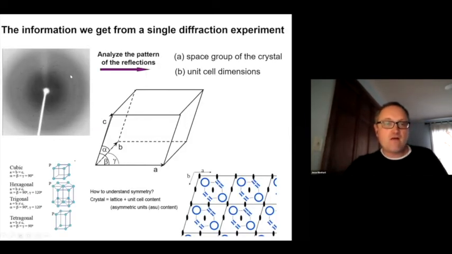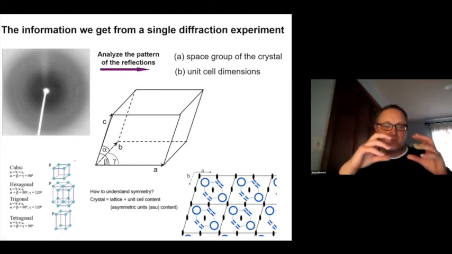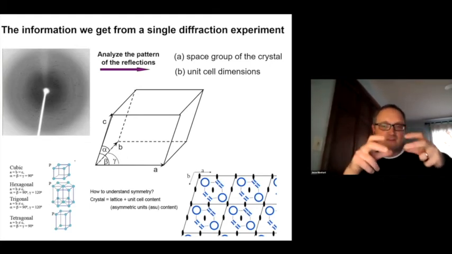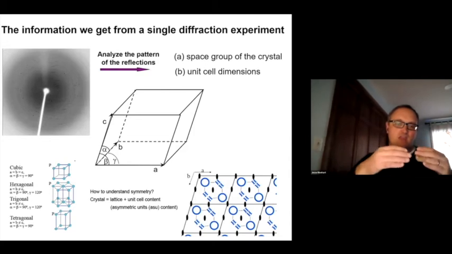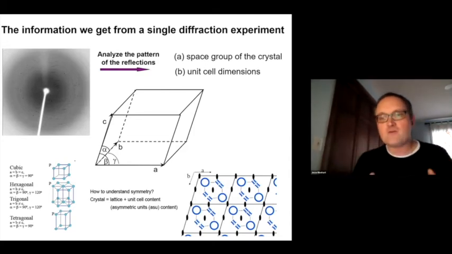So a little bit about how is this pattern produced and what's the connection between a diffraction pattern and a crystal. As I mentioned, the crystals are important because you get, by definition, an order of molecules that have a position to one another that's fixed. And within that fixed position is a replication or an expansion of, in crystallography, what we call a unit cell.